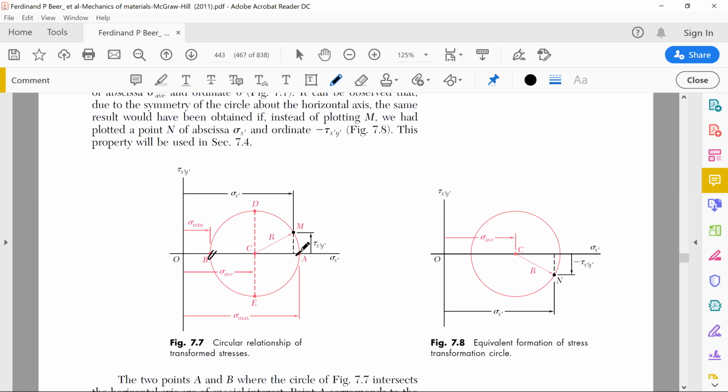And sigma max will be over here. Then you keep on changing at any particular angle, here, here, here, these will be sigma x prime and tau x prime y prime.